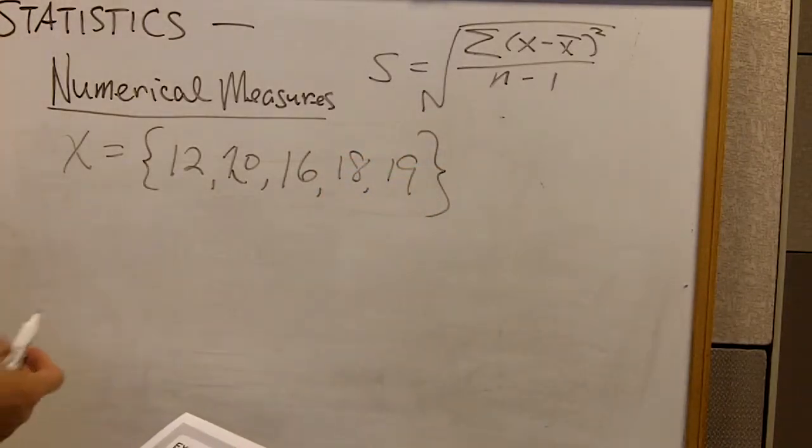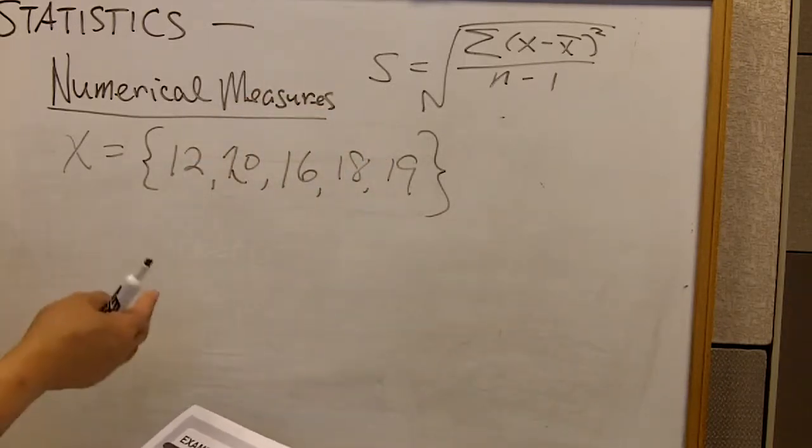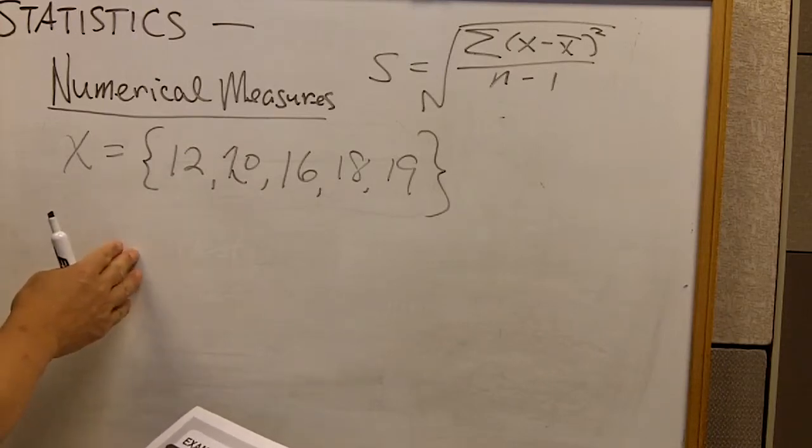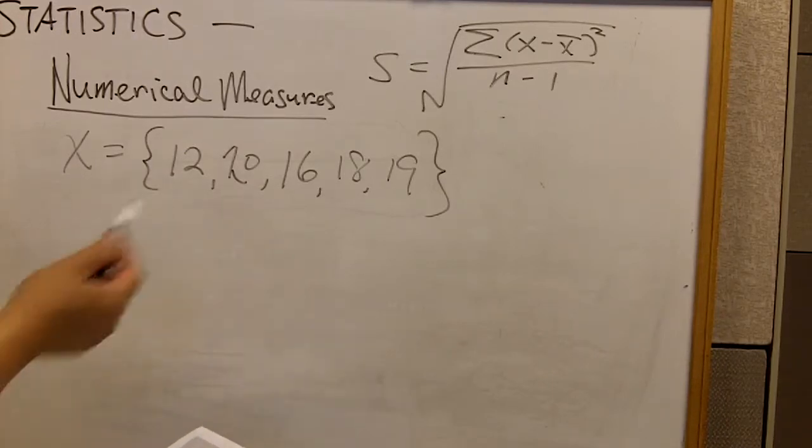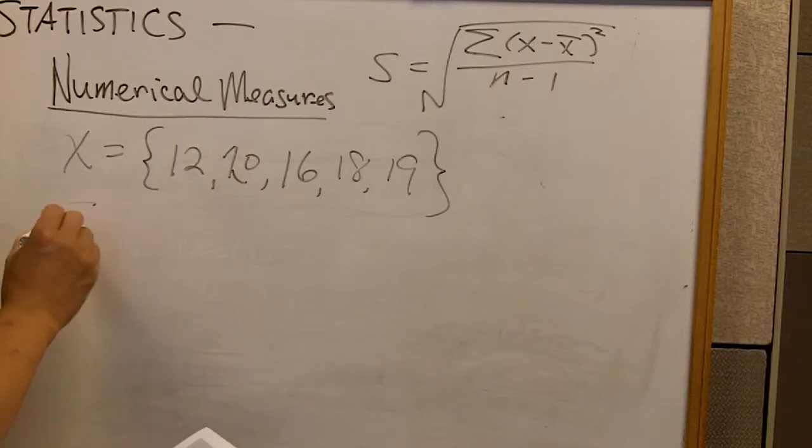What we want to do is to find the standard deviation. The standard deviation is a measure of spread that tells us how far each value is on average from the center. So we have to find the center first.